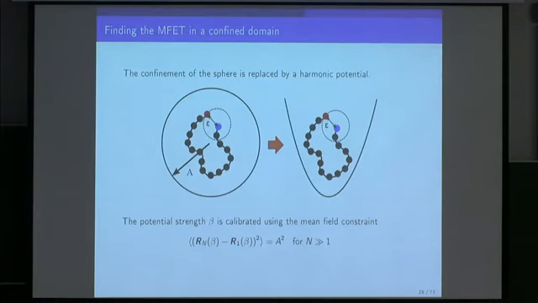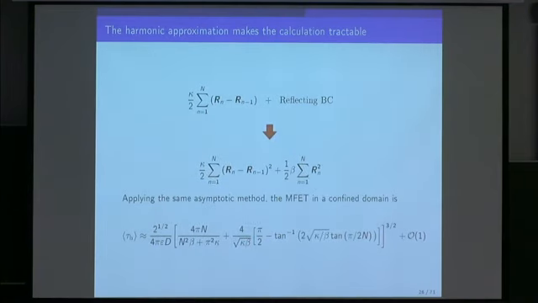And since it's very difficult to estimate analytically the partition function of a polymer inside a confining sphere, we replaced the confinement with a harmonic potential, and we just calibrated the strength of the harmonic potential based on the end-to-end distance of the polymer. And so what you get is, instead of a Rouse plus reflecting boundary condition, you get Rouse plus this harmonic potential acting on all monomers.